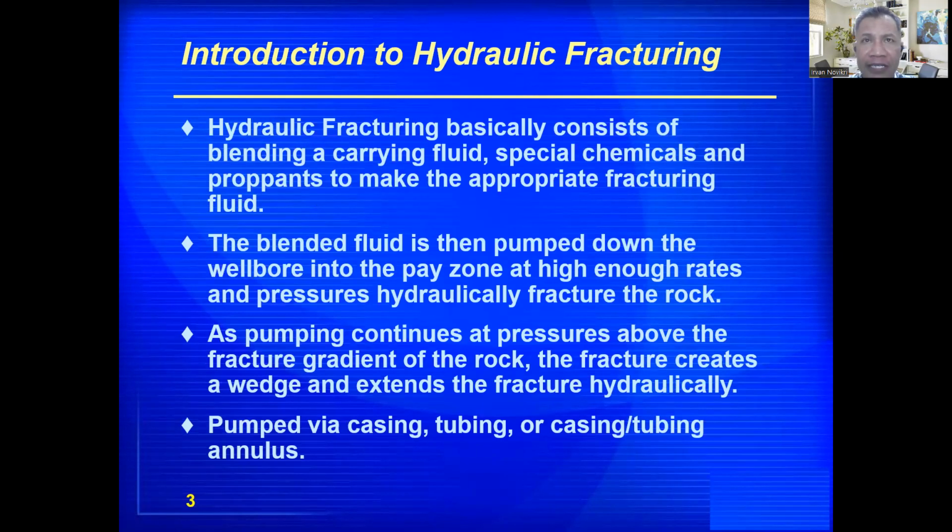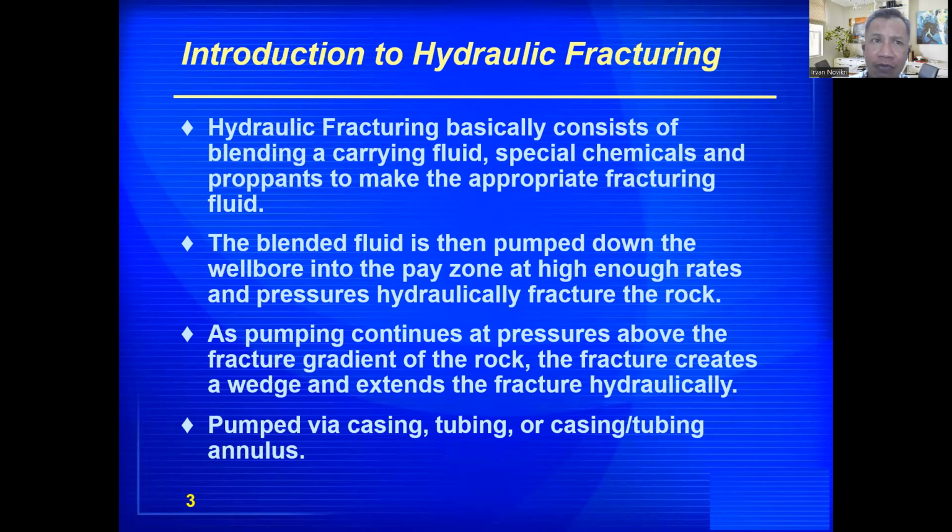Hydraulic fracturing, in layman's terms, consists of blending a carrying fluid with special chemicals, and those chemicals may be along the lines of chelating agents, biocides, oxygen scavengers, scale inhibitors, and enzymes too, to make the fracture fluid do what it needs to, and then the proppant.